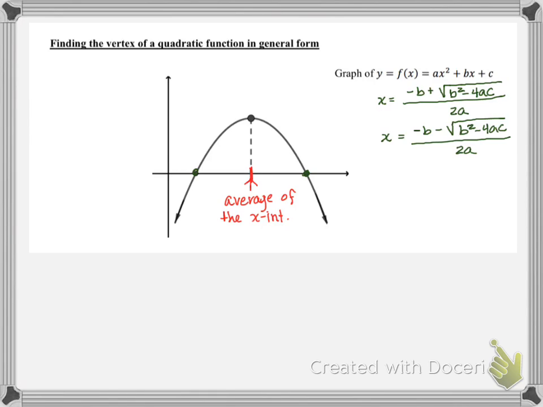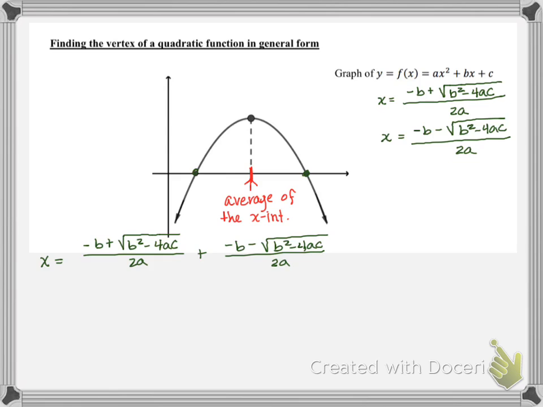So, let's take the average. Averaging two things is adding them together and dividing that by 2, right? So I'm finding an x-coordinate. I'm going to do negative b plus the square root of b squared minus 4ac over 2a, plus negative b minus the square root of b squared minus 4ac over 2a.